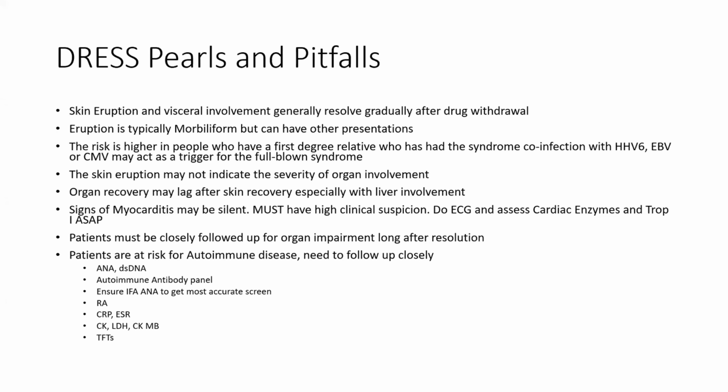And remember, when you're doing your autoimmune screening, most doctors have a tendency to just do the ANA, double-stranded DNA, CRP and ESR, the complete blood count, and the LFTs and UECs. However, I just want to remind you that it has also been recommended to do the autoimmune antibody panel, because sometimes the person can have a negative ANA but actually be positive for some other autoimmune disease, like scleroderma with positive SCL70.